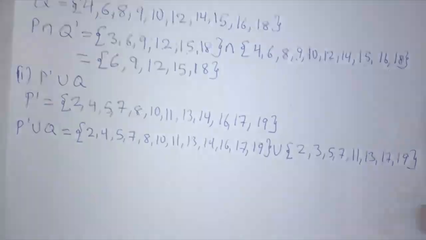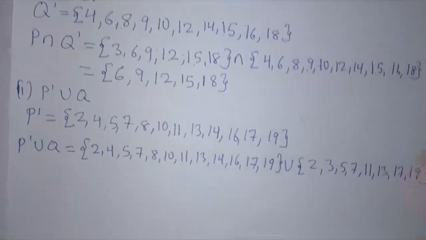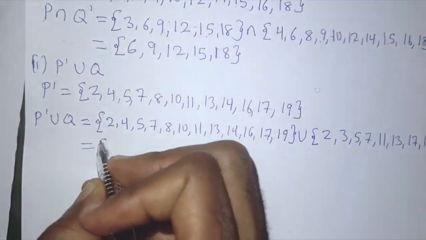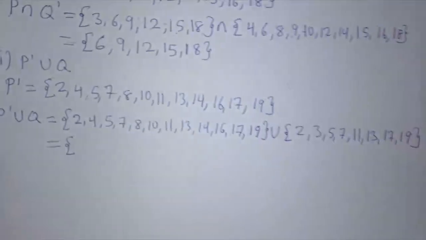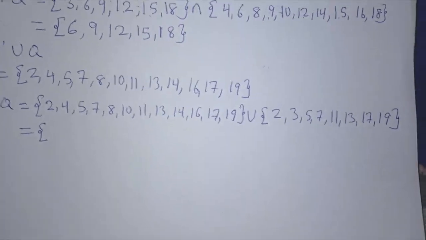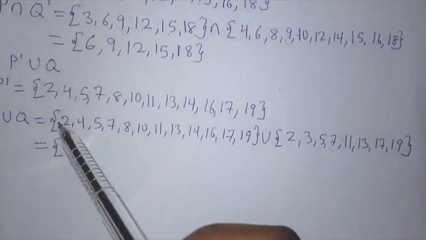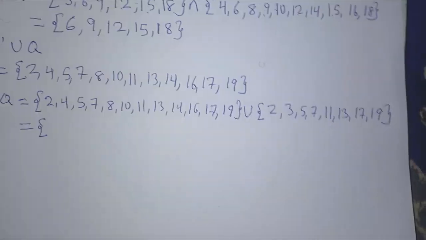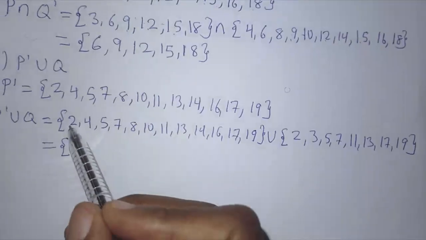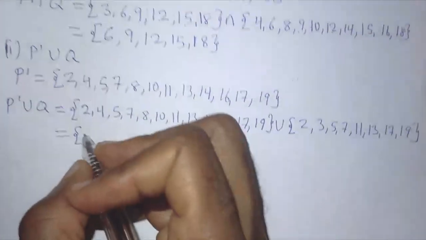As I mentioned earlier, the union of two sets means you are combining the two sets together. And something you must note about combining is that you combine without repetition. You are merging the elements here with the elements here. In a case where an element appears in the two sets, you only write it once. So in union, there is no repetition. We have 2 here, we have 2 here, so you write 2 just once.